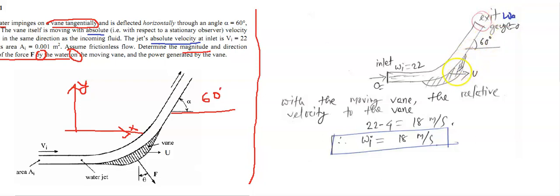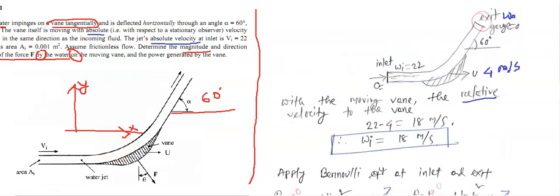The vane's velocity is 4 meters per second. This is the absolute velocity. With the moving vane, the relative velocity is the jet velocity 22 minus 4, that means 18. We calculated the relative velocity, and as I said earlier, relative velocity is calculated with respect to something moving, and the absolute velocity is with respect to stationary objects.